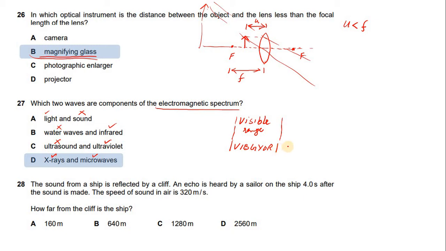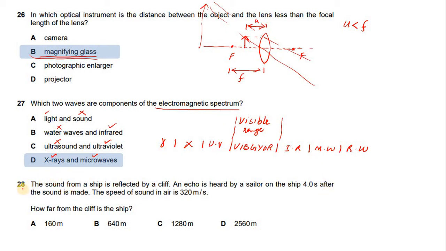After red we have infrared, then microwave, and then radio waves. On the other side, before violet we have ultraviolet, then X-rays, and then gamma rays. So this is basically the complete electromagnetic spectrum.